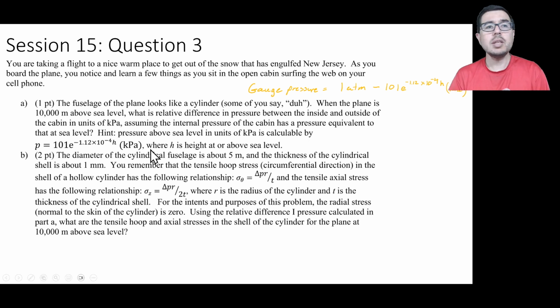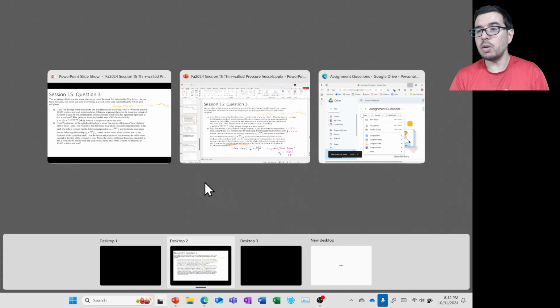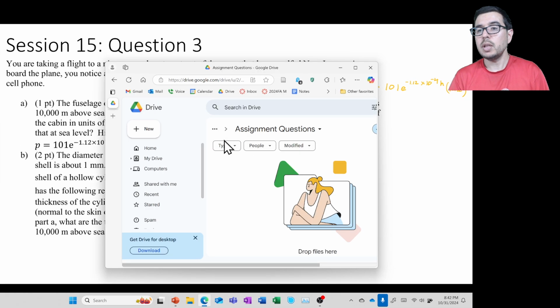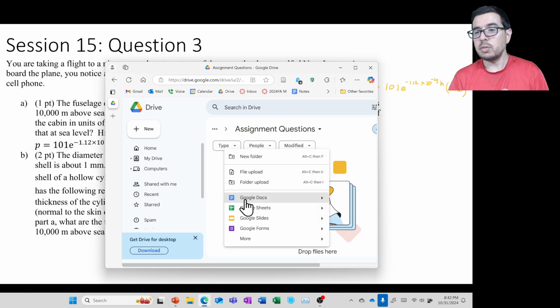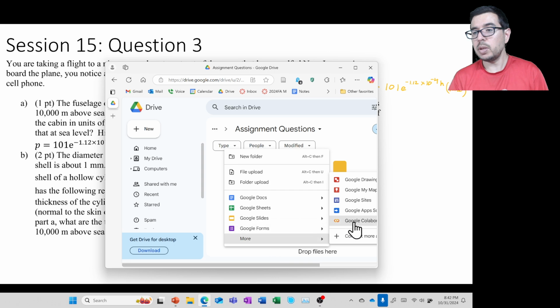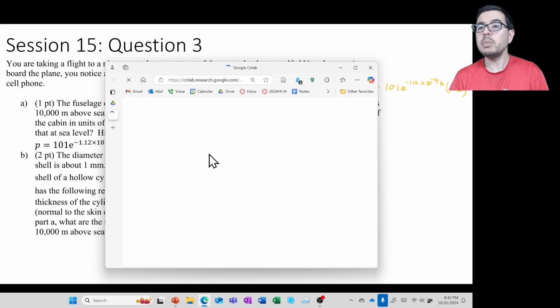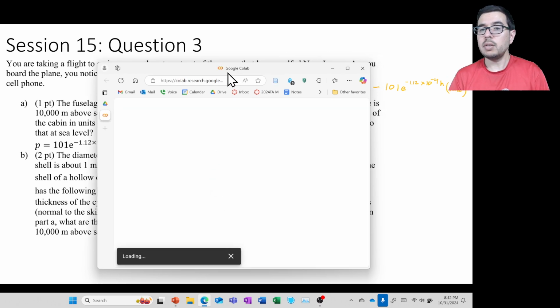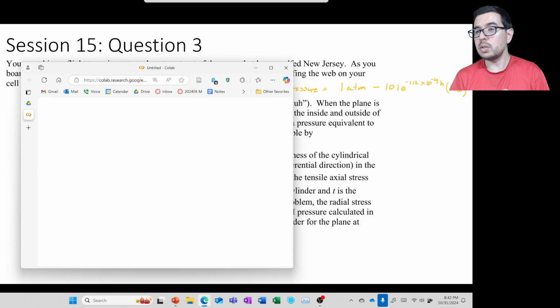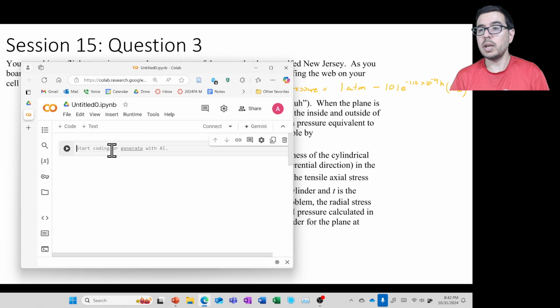So let's go ahead and bring up Colab or Python to be able to do this numerical calculation. So we're going to come over here and bring up Google Colab. And the formula that we really want is right up here.